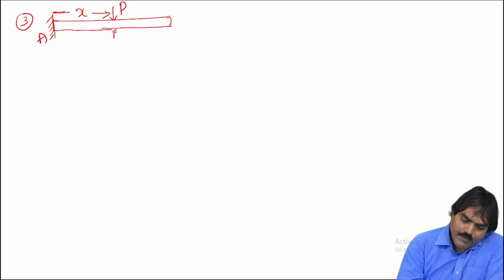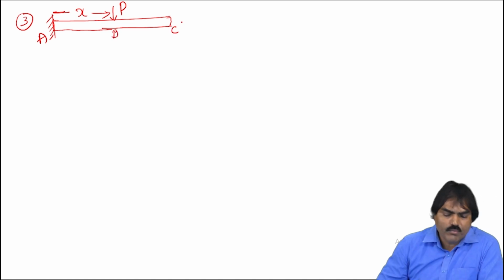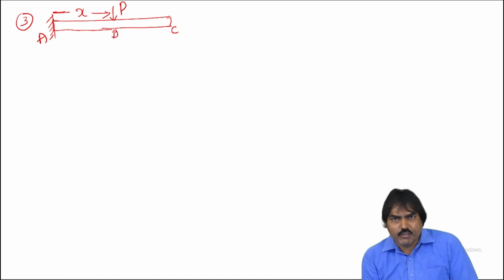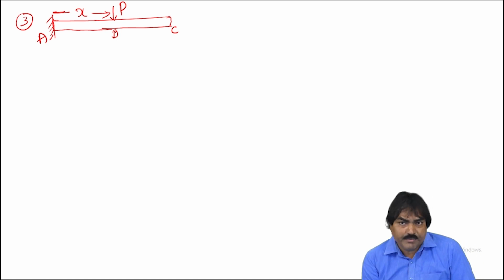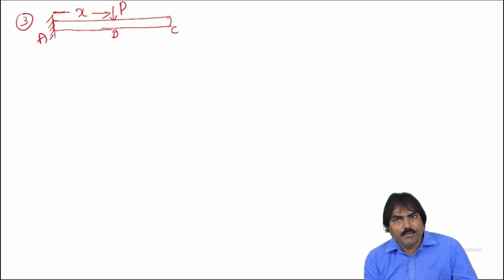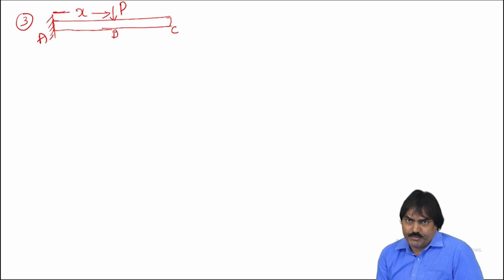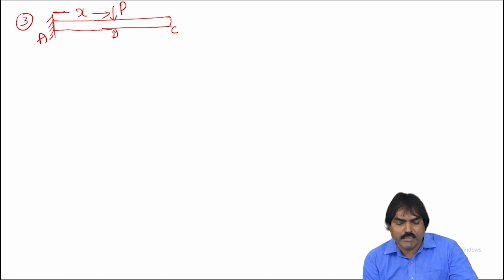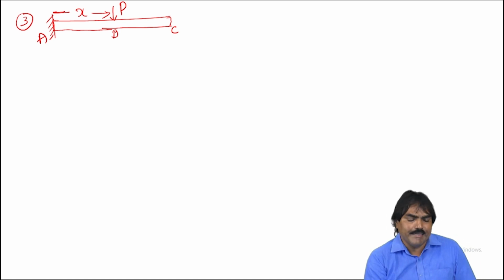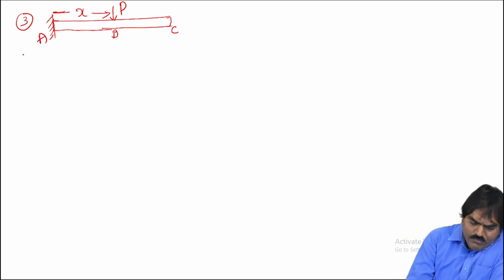A, B, C. For this cantilever structure, the question will be: determine the maximum deflection. Okay. We know that the maximum deflection occurs at point C only, at the free end. Question.